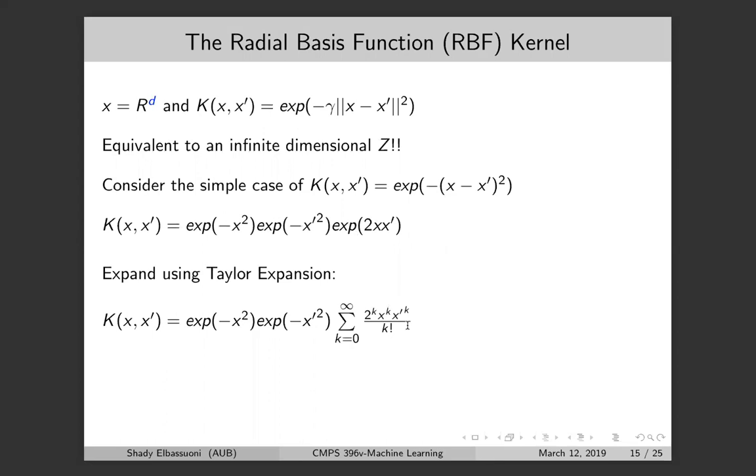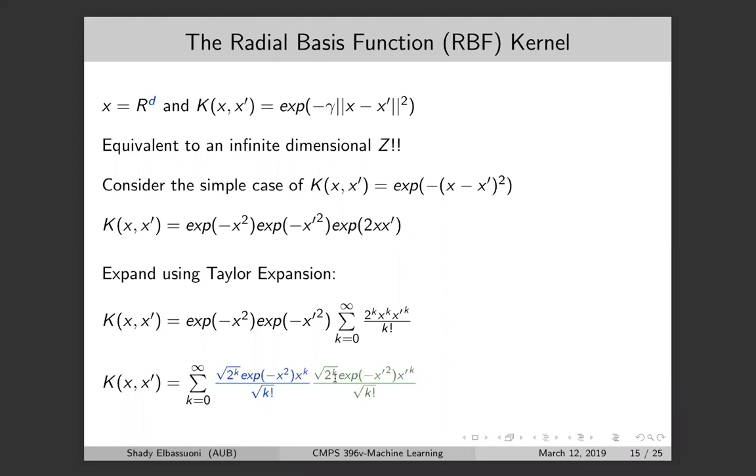So I expanded this term using Taylor expansion. Now I can separate the terms. I have an infinite series of 2 terms multiplied by each other, one depends on x and one depends on x dash. So this is equivalent to as if you did a nonlinear transformation of infinite dimensions.